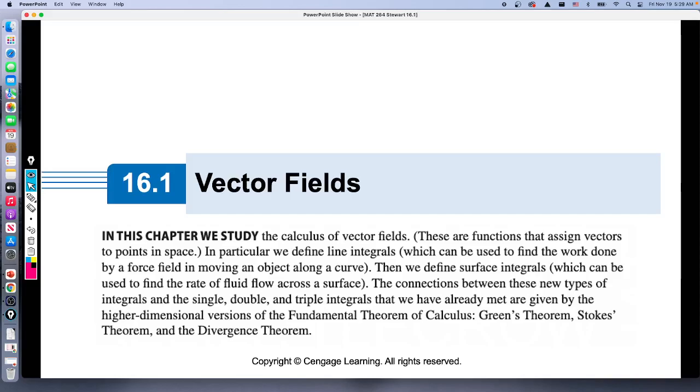Wind can be listed as a vector field. Flow of fluids through a pipe, down through a river, we have two-dimensional vector fields. We also have three-dimensional vector fields. And we're going to connect what we did earlier with single, double, and triple integrals to these vector fields.